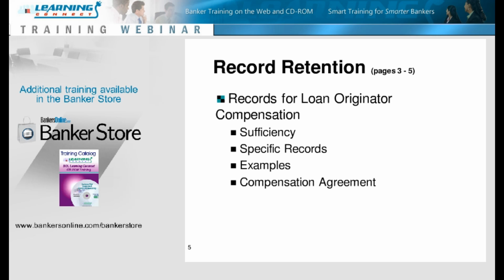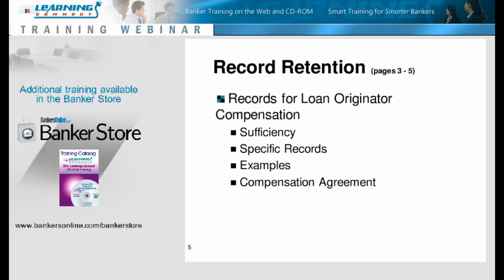If you are keeping records on contributions that were made to, or a benefit that was made under, a designated tax advantage retirement plan, and we're going to talk about what that is, then you're making filings under ERISA, and your filings that you make under that show the names of the loan originators that were covered under the plan and so forth will be sufficient.